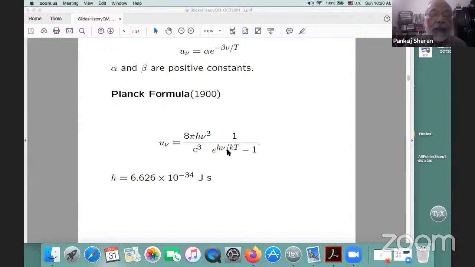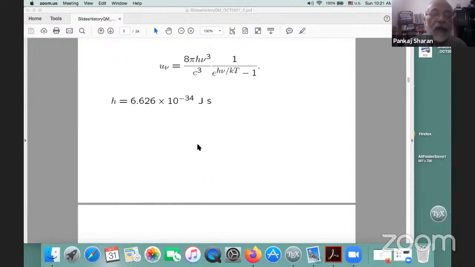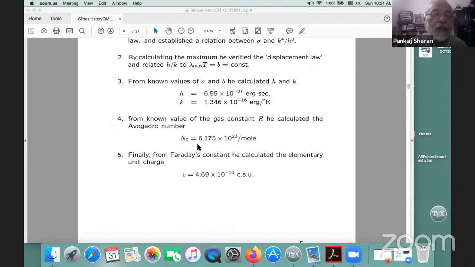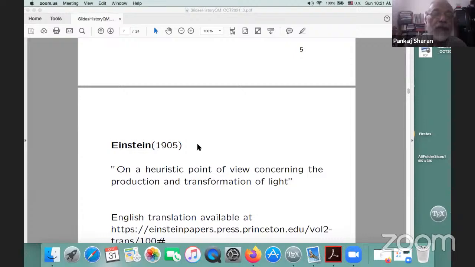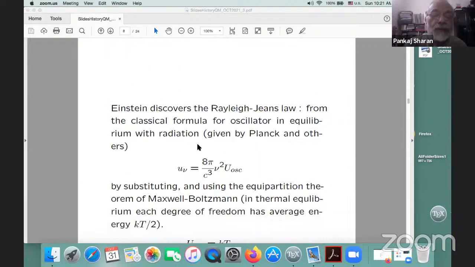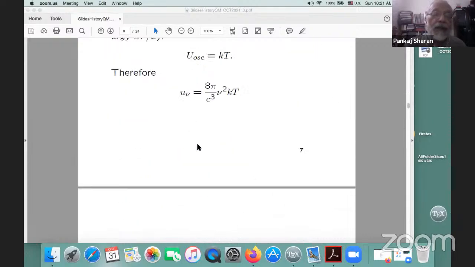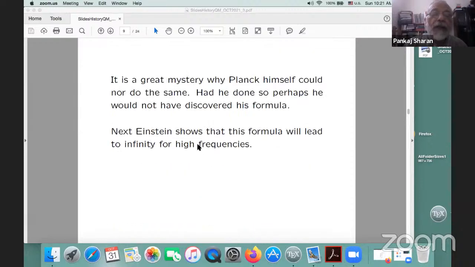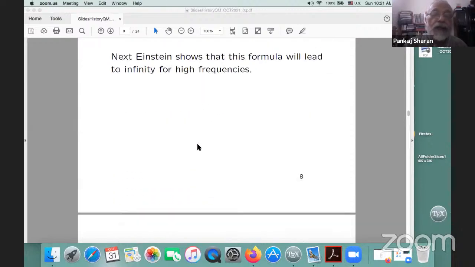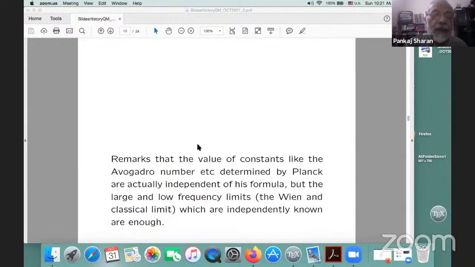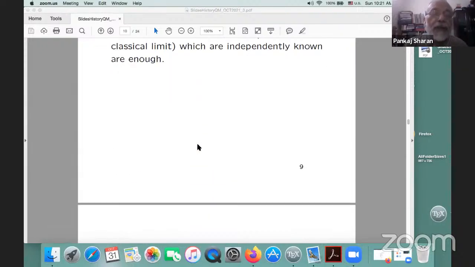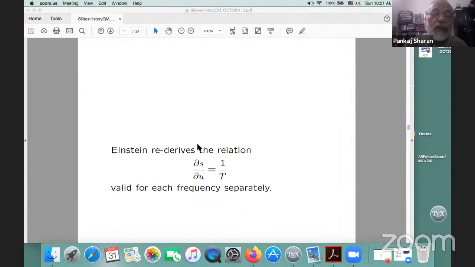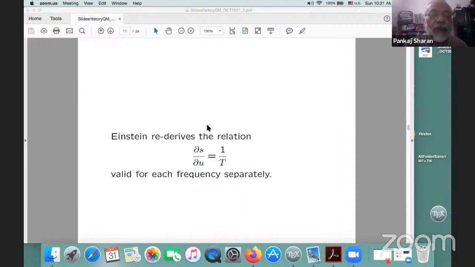The classical limit will see k, and this higher limit, or Wien's law, will see the other constants also through the exponential. You can plot a log versus that, and the slope will give you the value of k. So let me come back to what I was saying, that Einstein shows that this goes to infinity at high frequencies, and then he remarks that the values of the constants can be determined without having any recourse to Planck's formula as such.